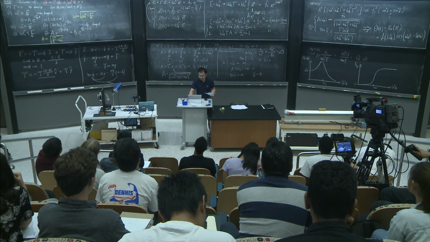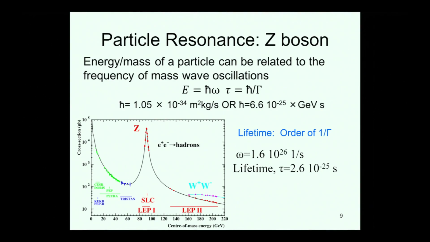Another thing which is interesting is that resonance behavior is not only in the physical objects which we deal with these days, but after you learn quantum mechanics and quantum field theory, you'll find that there are resonances also in the mass wave function, okay? Basically, this is an example of the Z boson resonance peak.